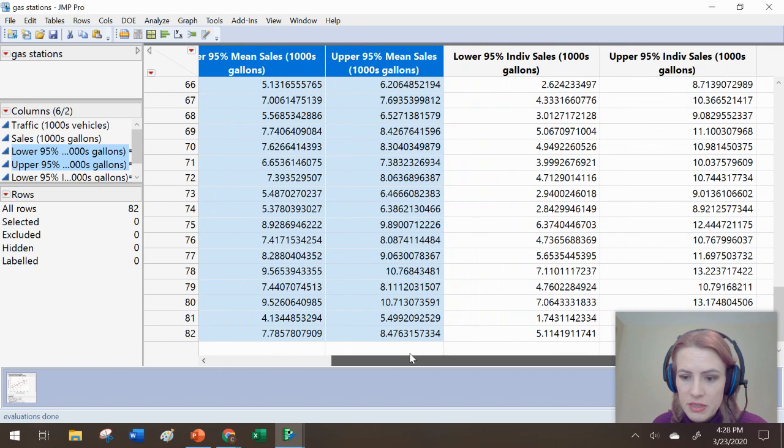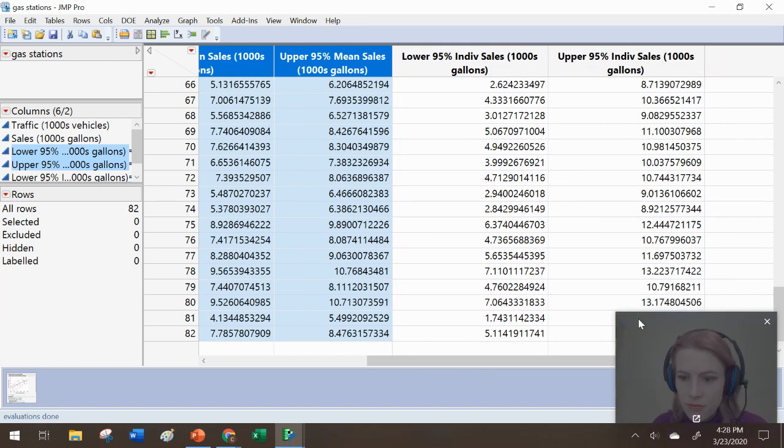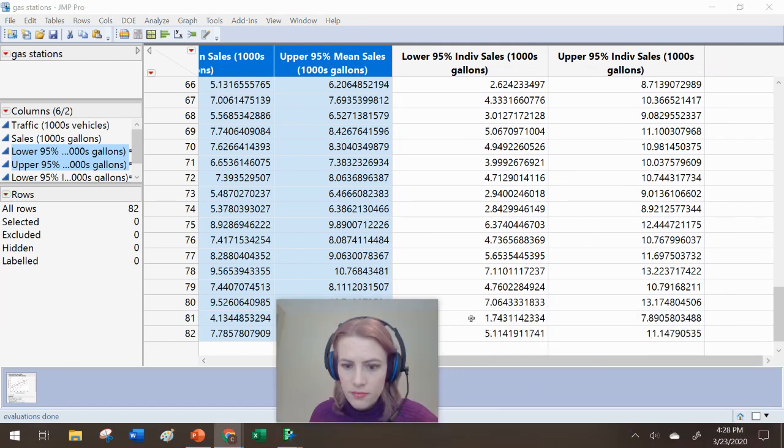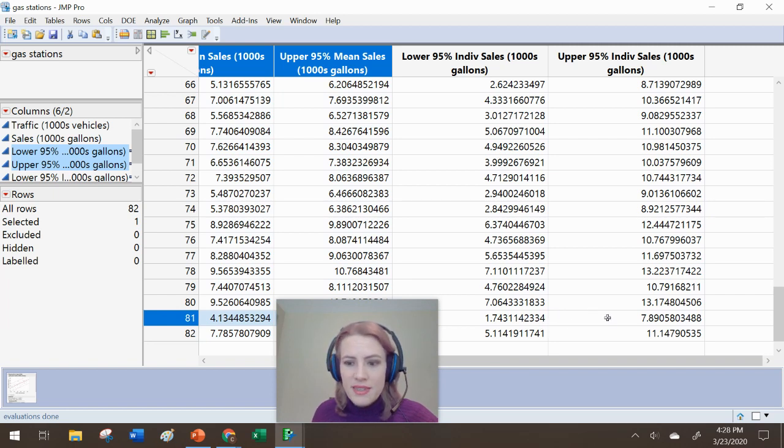I just scroll over and see my new results. All right, so for x equals 26, my interval now spans all the way from 1.743 up to 7.891. So a lot wider than it was when we estimated the mean. And then I have another interval here for x equals 40.